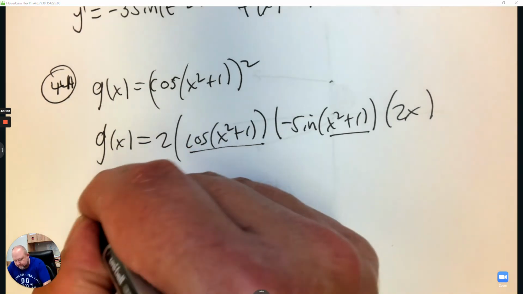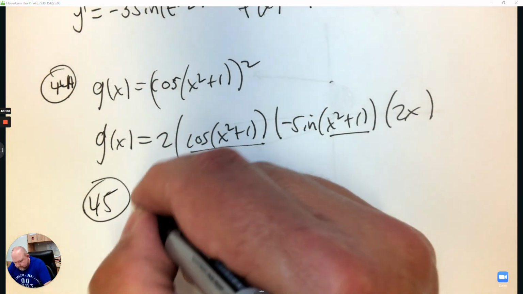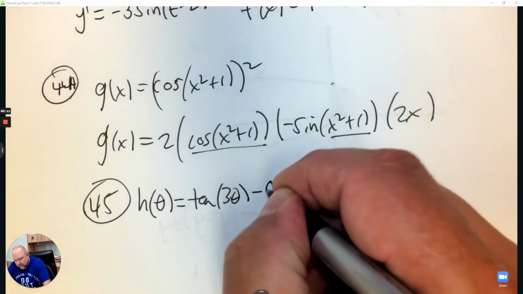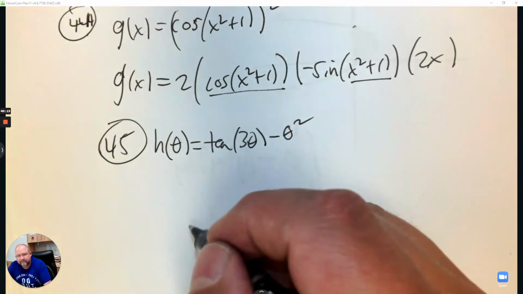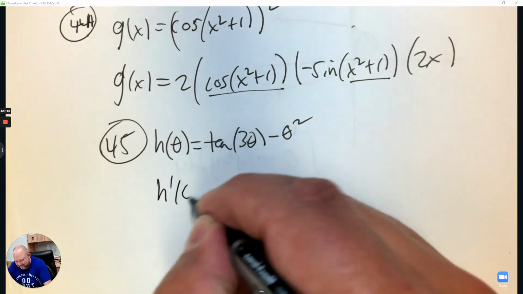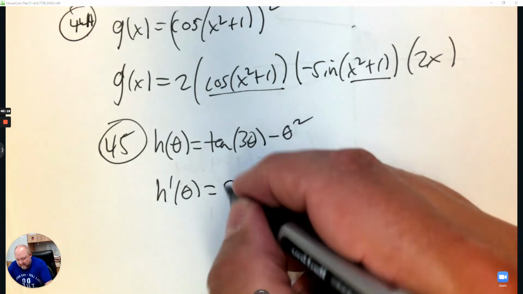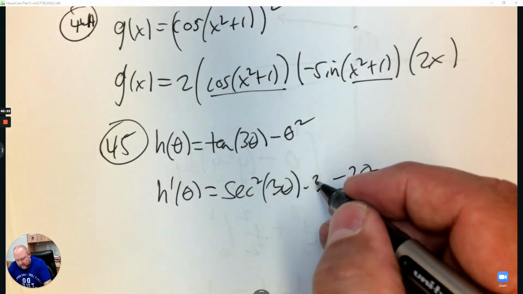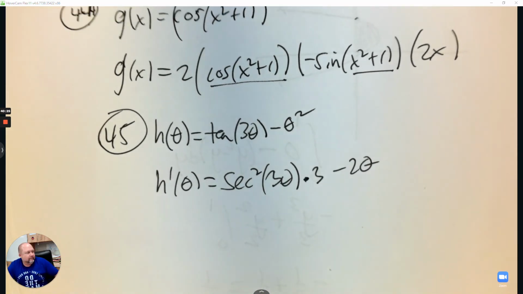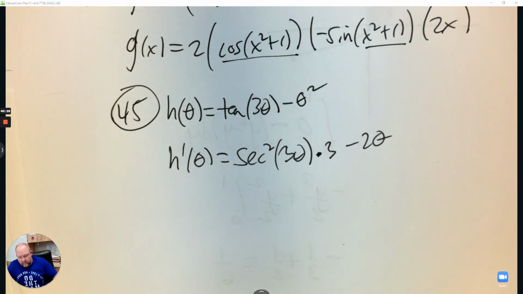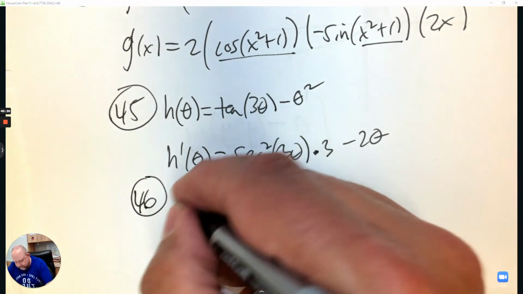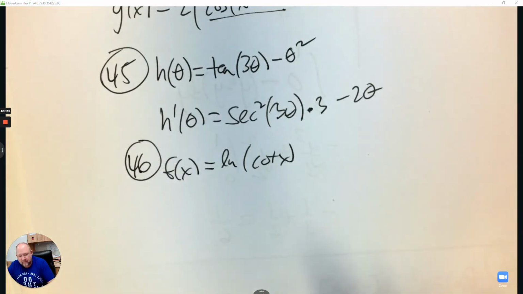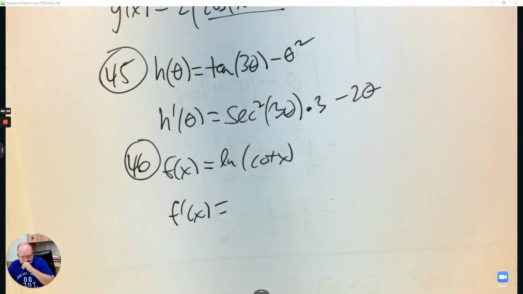Number 45. So again, you should press pause and try it. Go ahead. The derivative of tangent is secant squared, and then the hook, and then minus 2 theta. 46. Press pause. Try to do the derivative.